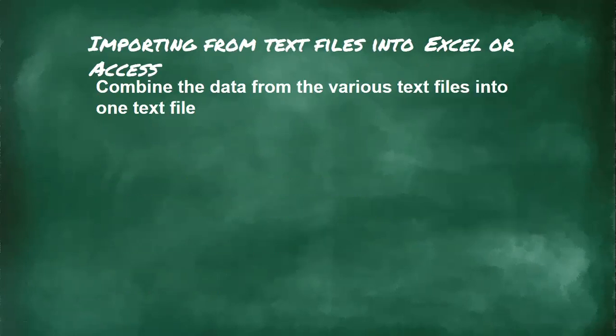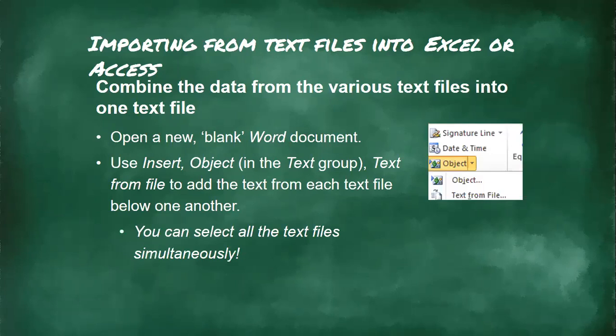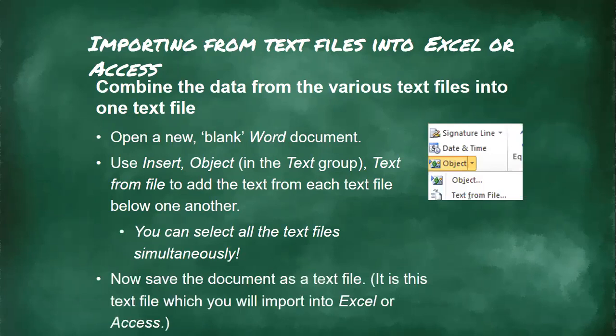Import from the text file into Excel or Access. Combine the data from the various text files into one text file. Open a new blank Word document. Use the Insert option in the Text group, Text from File, to add the text from each text file below one another. Let me show you this practical.